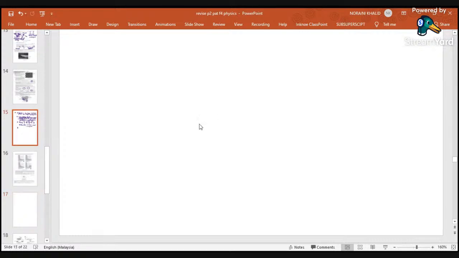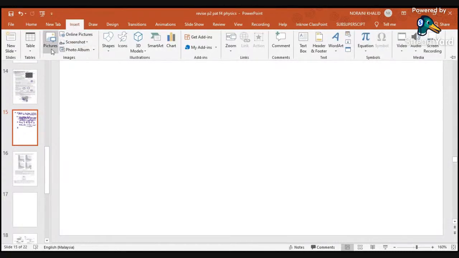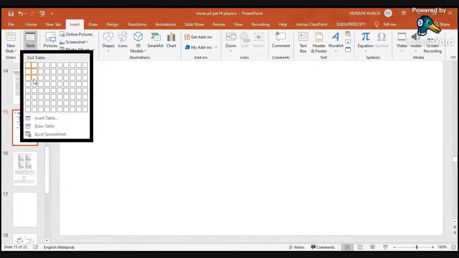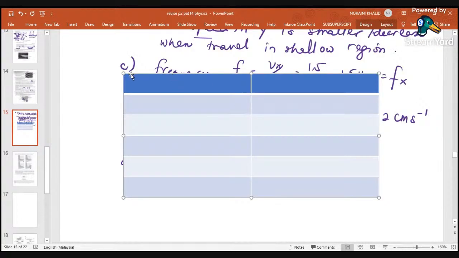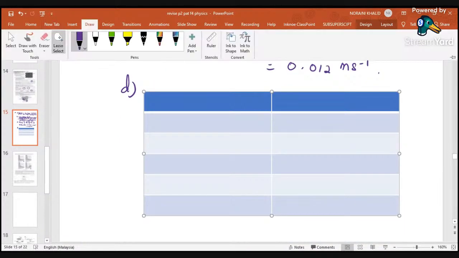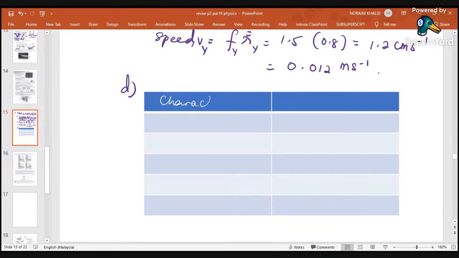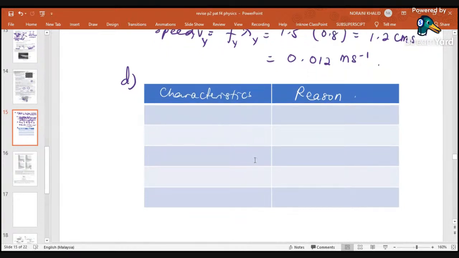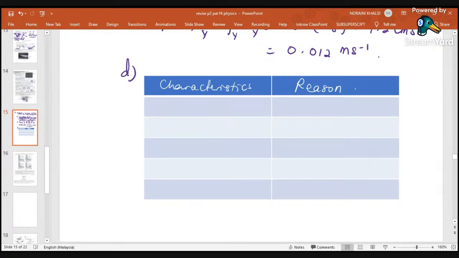You must include it. So insert a table here, I insert a table. Part D is the same as question number 9. Characteristic and reason. Number 1: the resort is at the Bay Area.